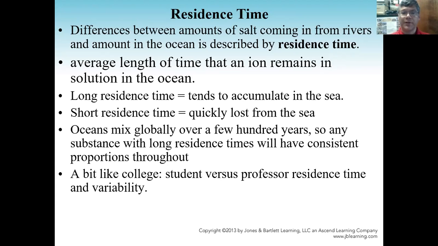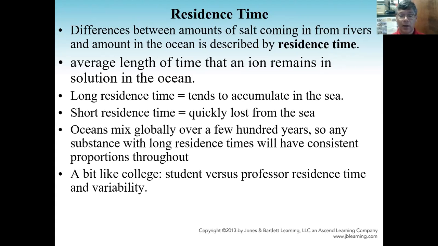A different example of residence time that may help you picture it is how long folks tend to stay at a college. Well, it depends. Students tend to have a shorter residence time, typically 4 years. Some folks may go through a bit quicker, some longer, maybe doing graduate school or the like. But the typical residence time for a student at college would be 4 years.